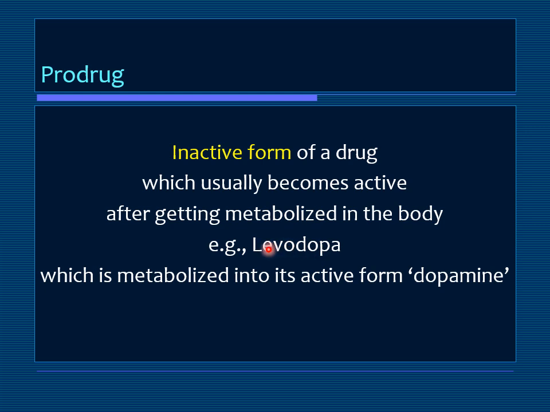On the other hand, because levodopa can cross the blood-brain barrier and then enter the brain, in the brain it is metabolized into dopamine, which is then available at the site of the basal ganglia to treat the patient of Parkinsonism.